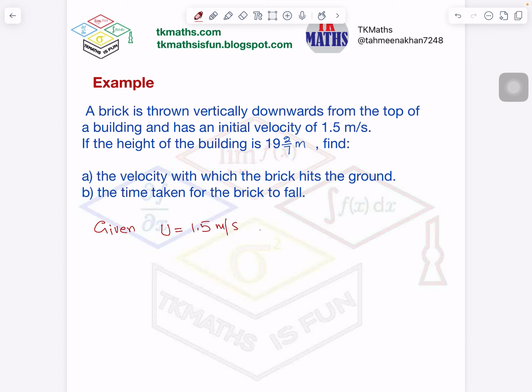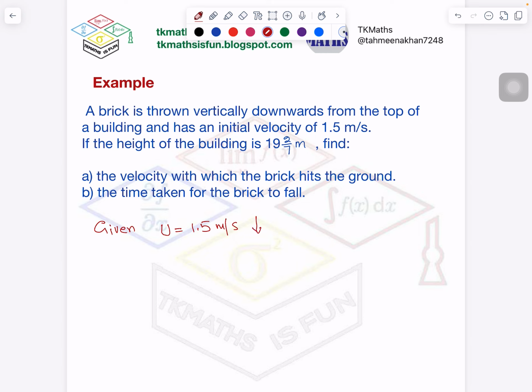It is thrown upward, so the arrow is upward. Now, what is happening? Oh, sorry, it is thrown downward. My mistake. It has been thrown from the top of the building. So it is downward.